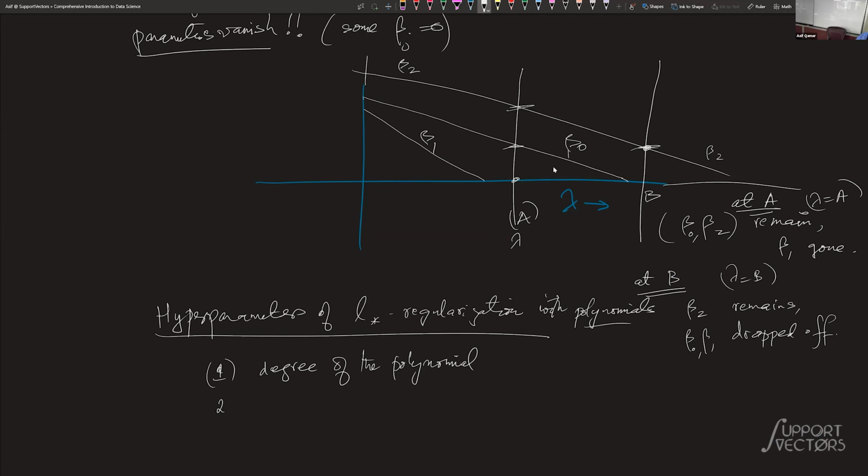Second, lambda, the strength of the damping or regularization. How much regularization? And the third, which norm?